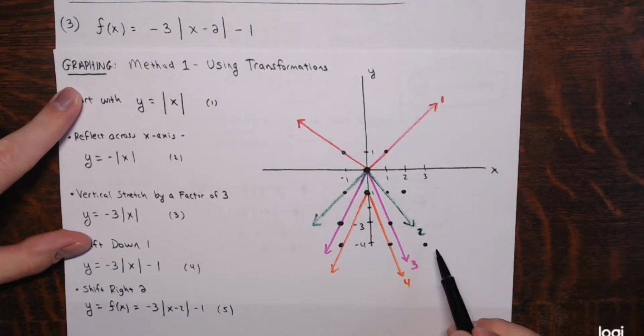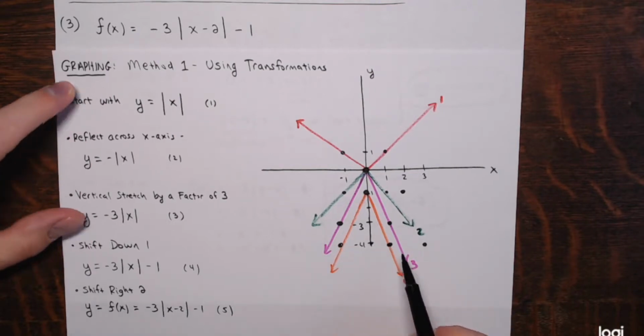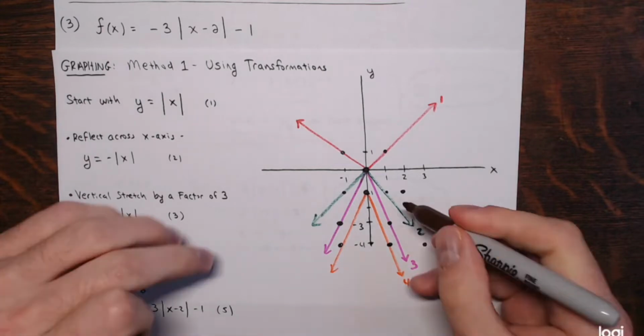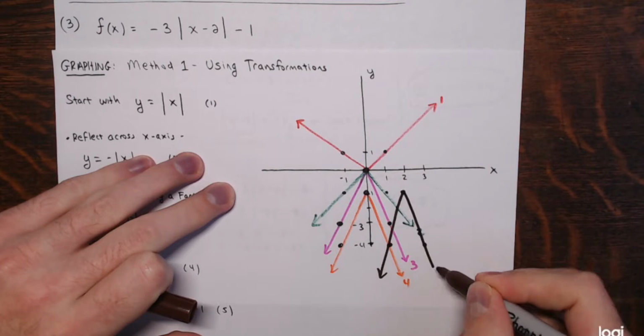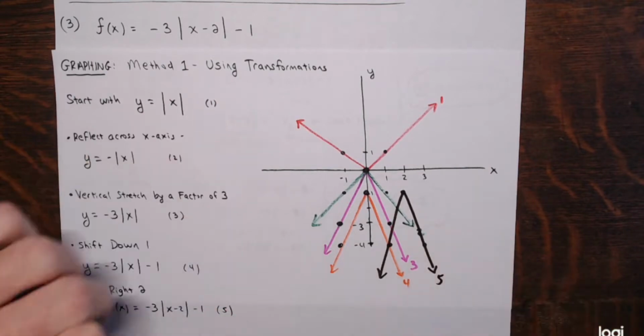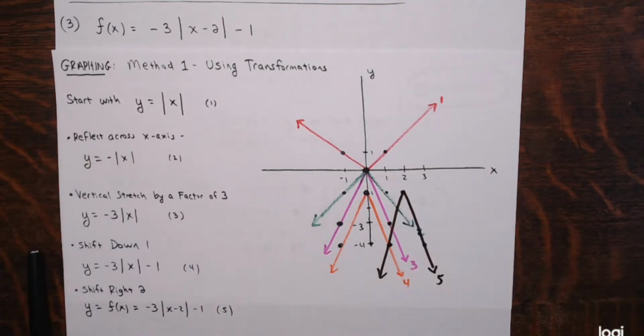And then -1, -4 moves to the right 2 to 1, -4. And we get this graph here. I know this is crazy cluttered, so I'm definitely going to the Desmos site. There's graph 5. There's the graph of our function.